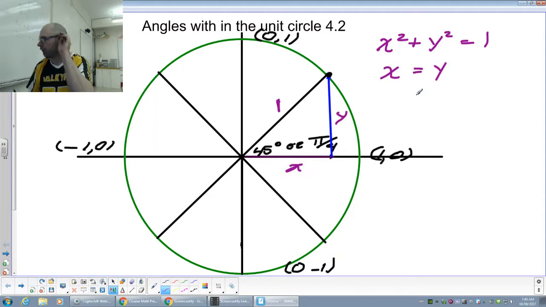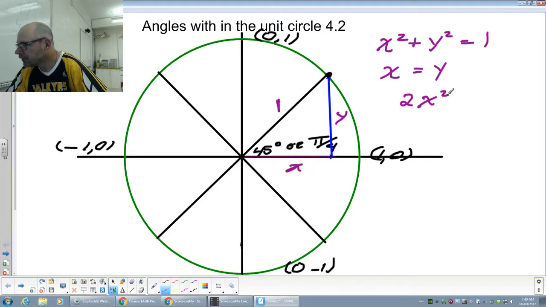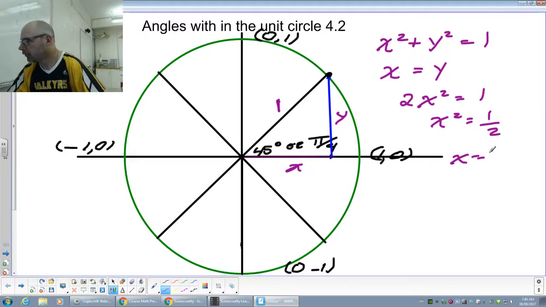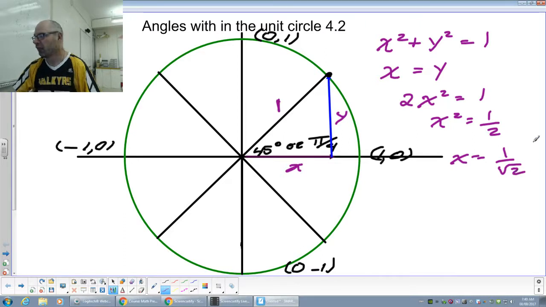X equals y in the 45-45 triangle. So therefore, we can say that 2x squared equals 1. So x squared is equal to 1 over 2, or x is equal to 1 over root 2. Okay, square root of 1 is 1, square root of 2 is that. Well, that's not what we want.